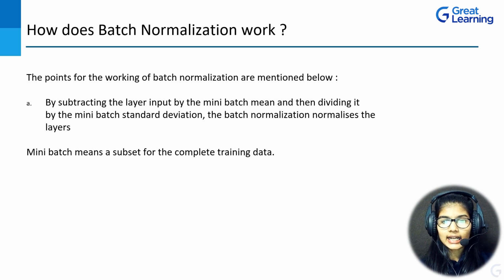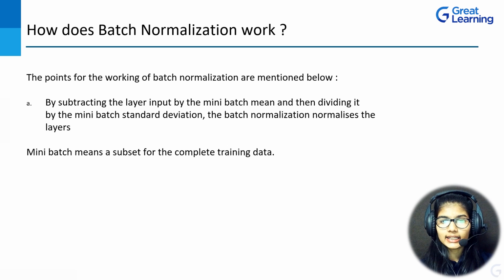So that data which I am talking about is being trained. Mini batch is actually a subset. It means a small part of the complete training data. Whatever data you are using for training, the mini batch acts as a subset.